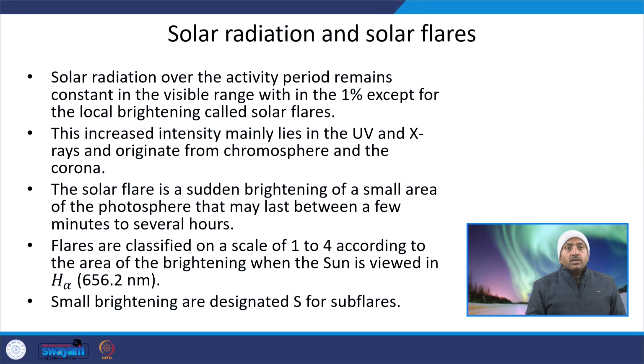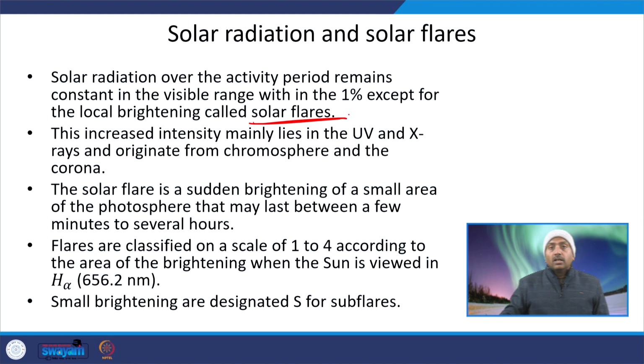So, solar radiation over the 27-day activity period remains more or less constant in the visible range. Even if you take longer durations of the cycle, you can expect that the amount of energy in the visible spectrum will remain more or less constant. The only variation, up to only 1%, can be expected during local brightening called solar flares.